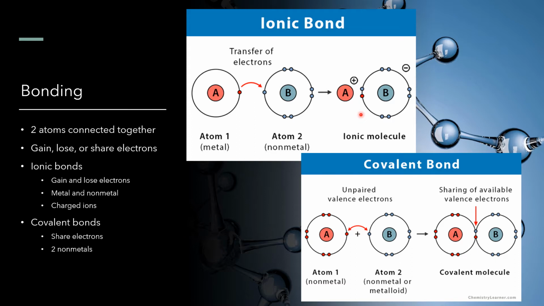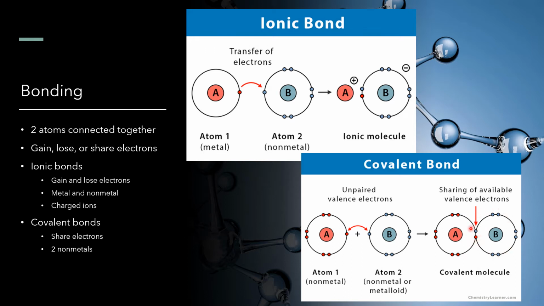So in the covalent bond, you'll have electrons that don't have a pair. So you see these pairs here, here, here. We've got an electron here that's just kind of chilling, hanging out by itself. It doesn't have a pair. It doesn't have another electron with it. So these two, both of them, have unpaired electrons. Well, if they share these two electrons, then each atom will then have 8 electrons around it.